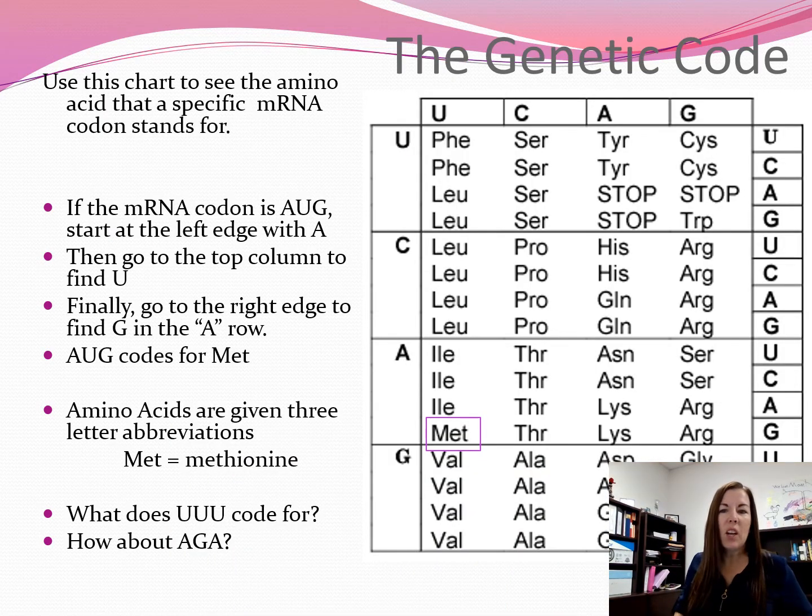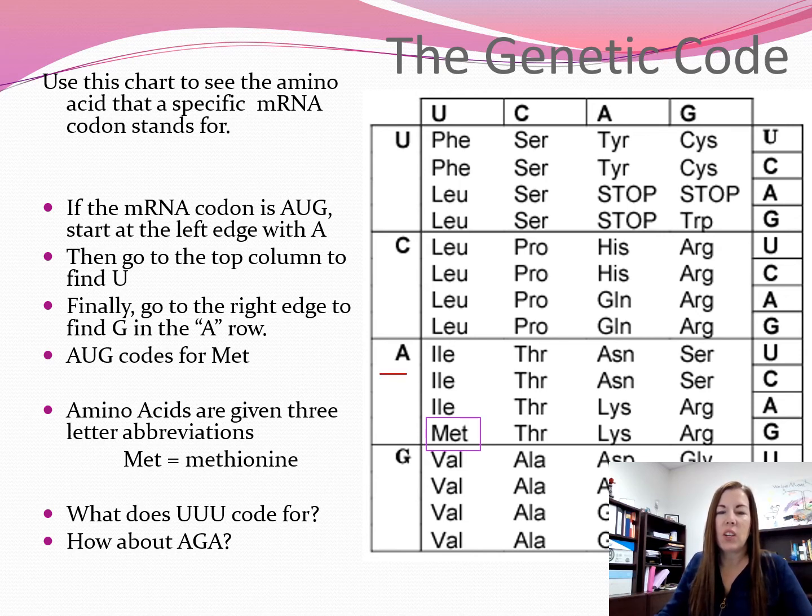So to understand what AUG means, there's actually a chart that helps you know which amino acids RNA is coding for. So this is super cool. So if the RNA codon is AUG, you find A here, right?